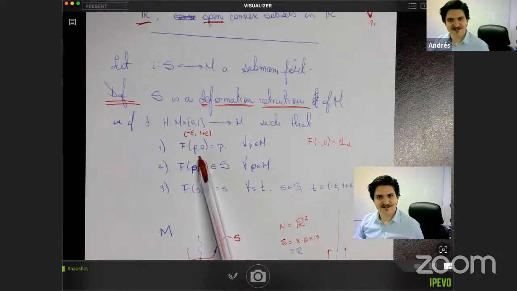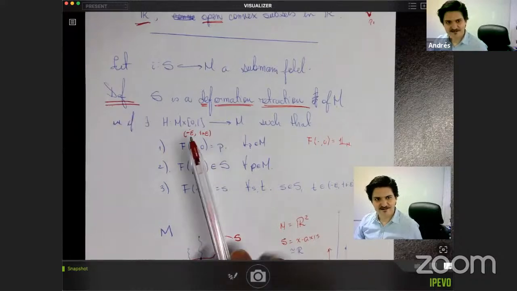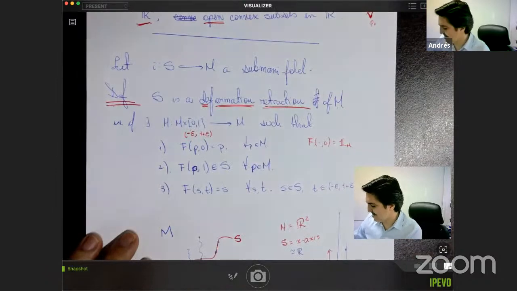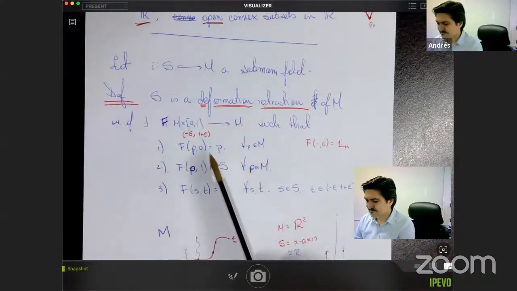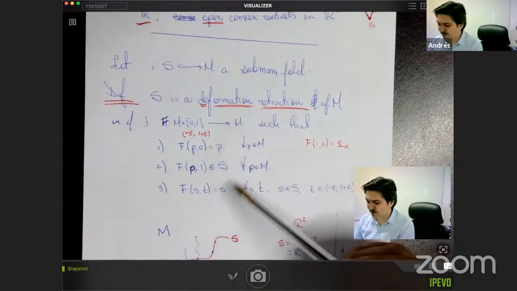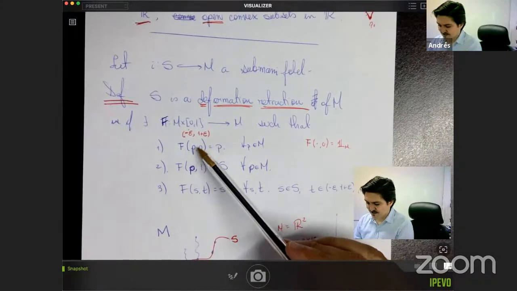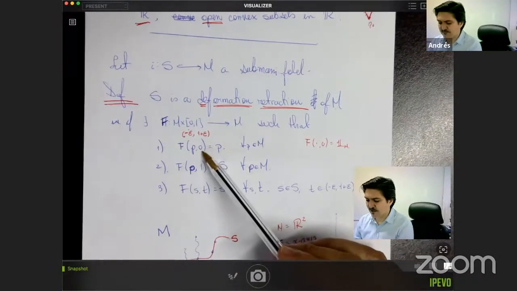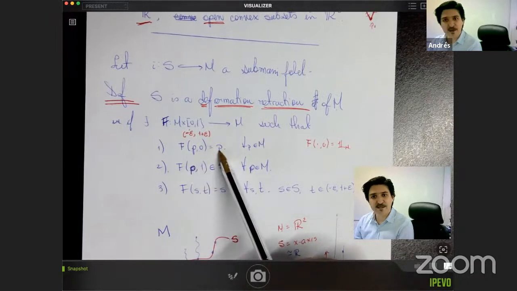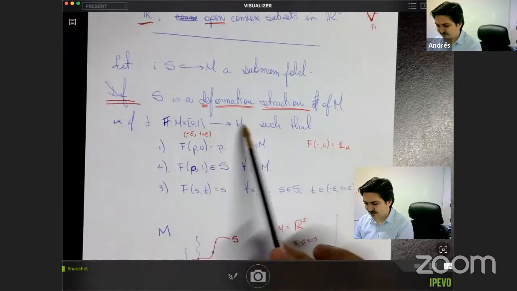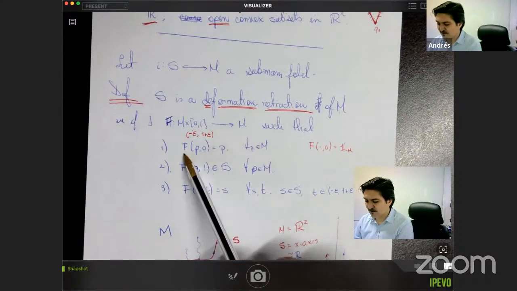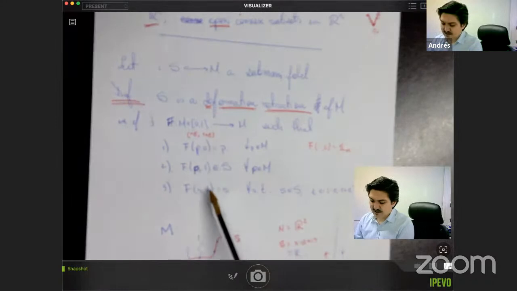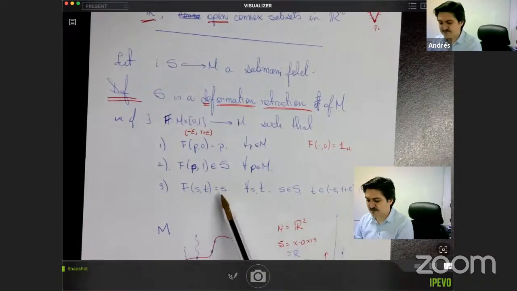Right? F, oh sorry, and here I put H. This map is a homotopy between F1 and F0. And in F0, I have the identity map on M. So F is a homotopy between time 0 and time 1. At time 0, I have the identity, and at time 1, some map.